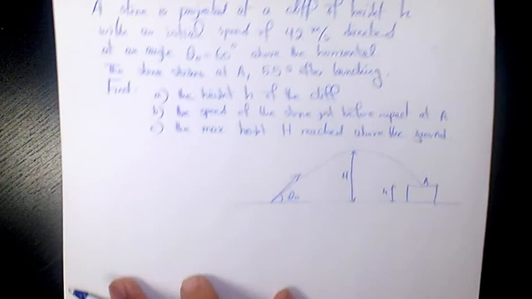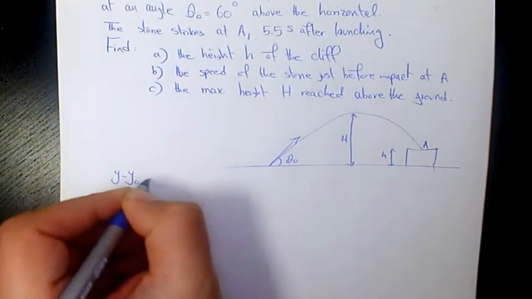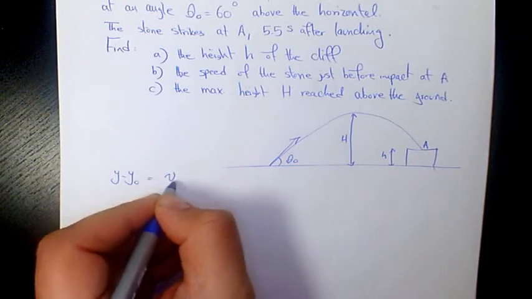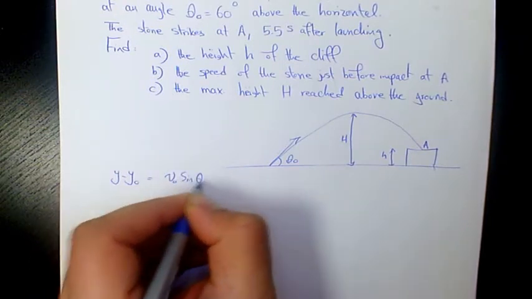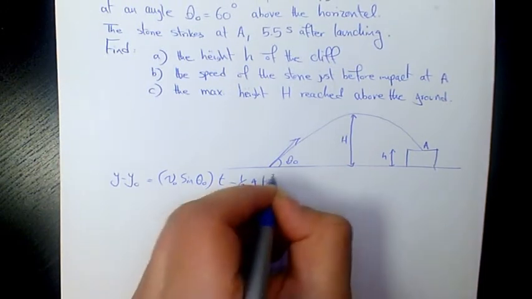So I'm going to say y minus y naught equals v naught sine theta naught times t minus 1 over 2 g t squared.